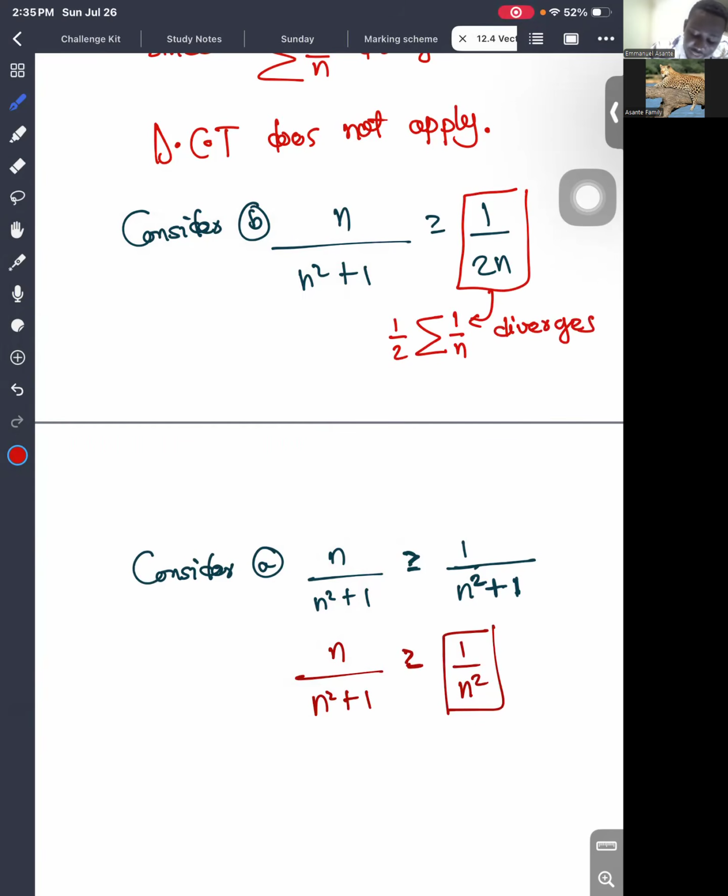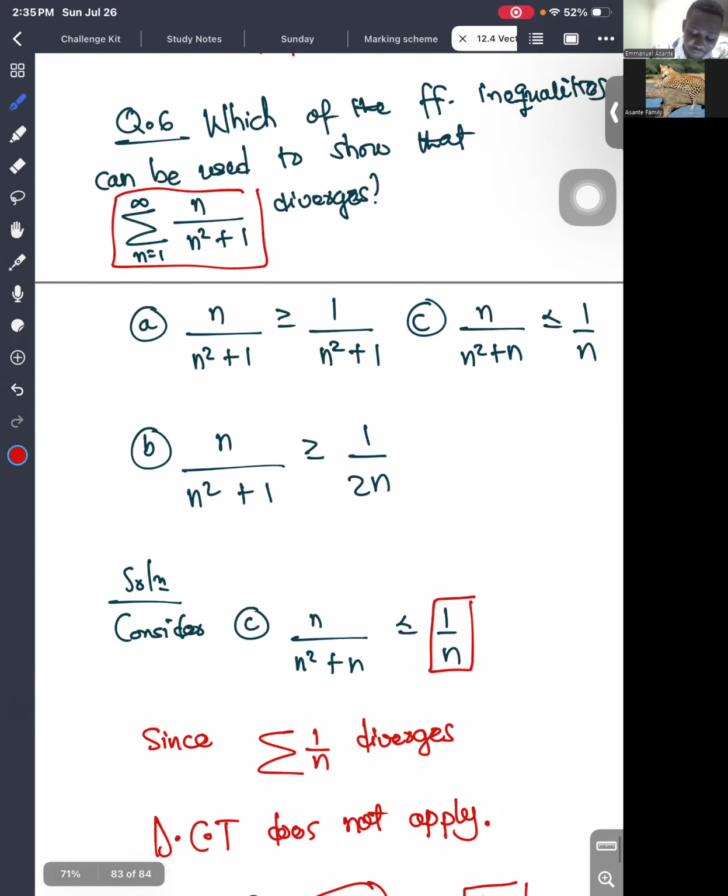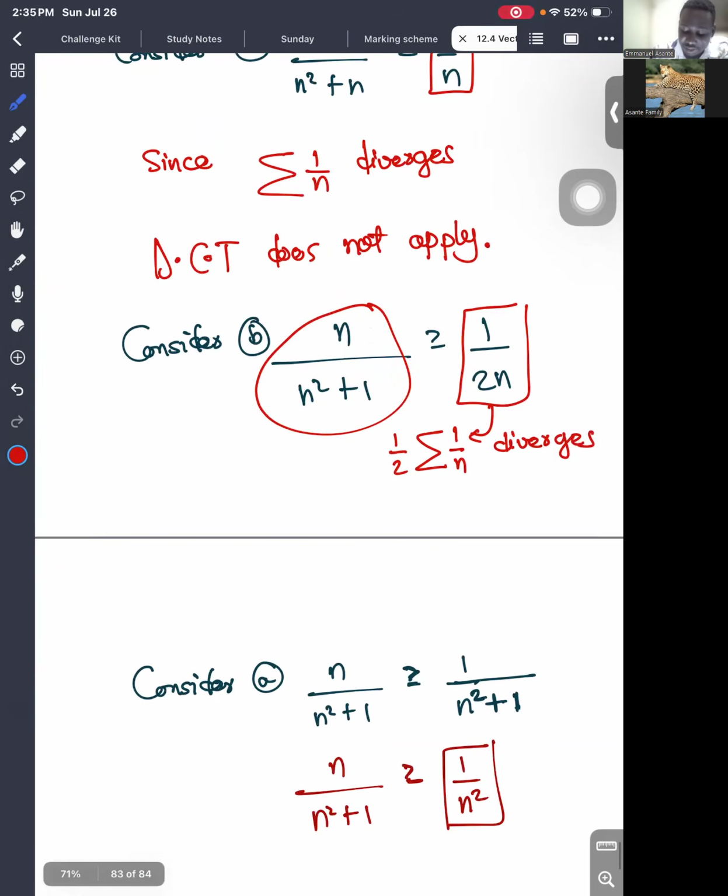And we have that the sequence for the series that we are considering happens to be greater than 1 over 2n. So that is the second statement for your DCT. It says that hence the series, this one diverges as well.